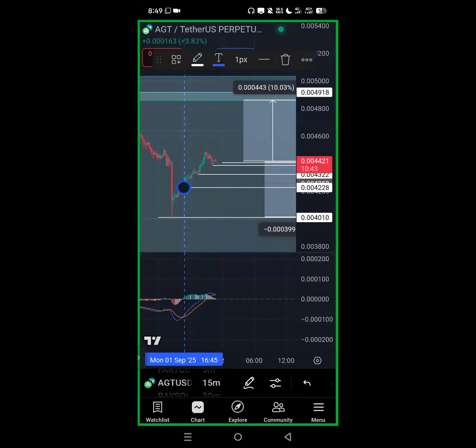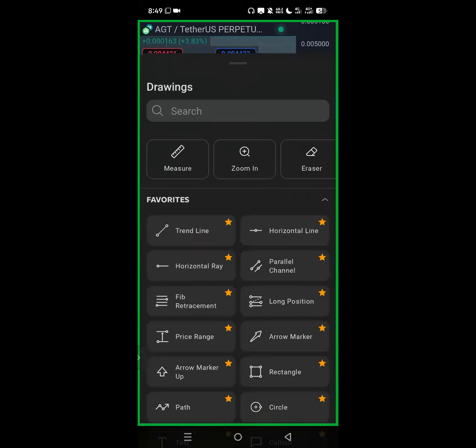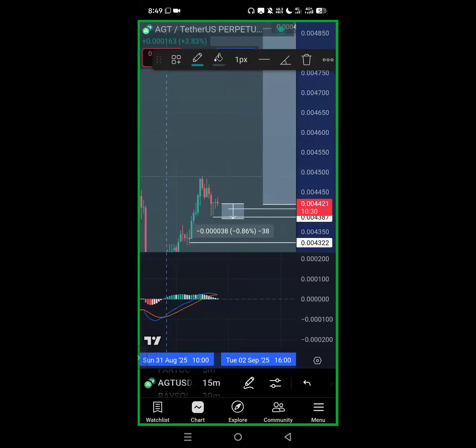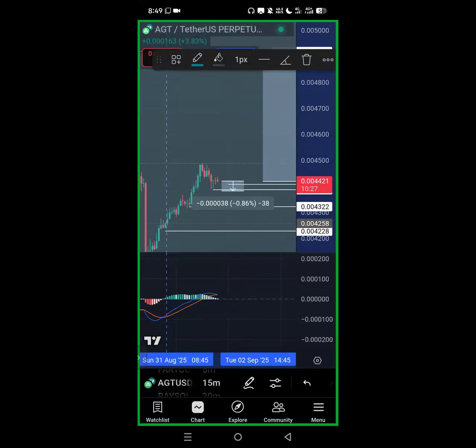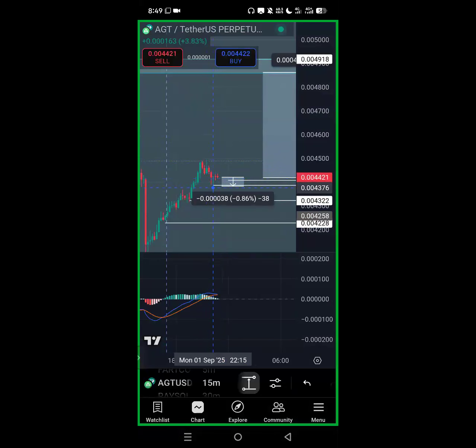You see some of the things. I can decide to enter in a lower time frame. I can decide to enter at current price. This becomes my first margin call drop. This becomes my second margin call drop.